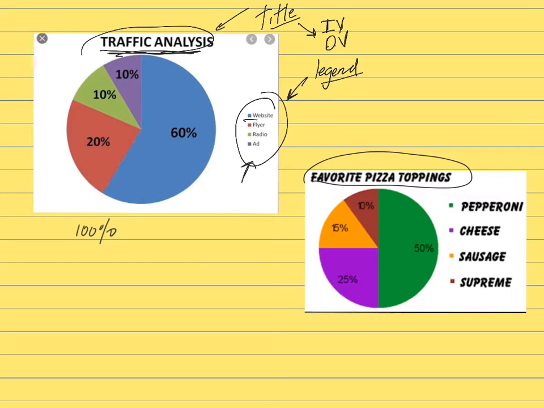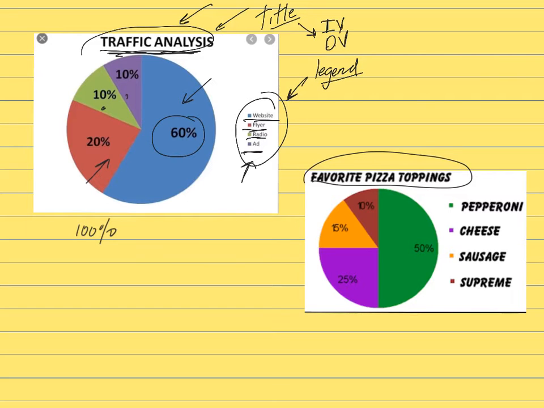No, because as you look over here, the blue is representing website, the red is representing flyers, radio, and ad, and you don't have those types of cars running in your street. So when they are looking at traffic analysis, they are analyzing your online or internet traffic.